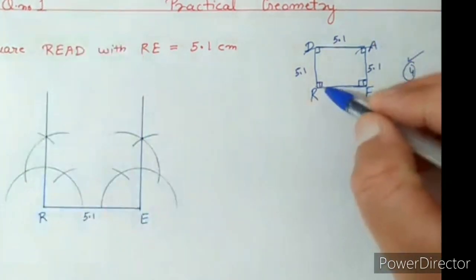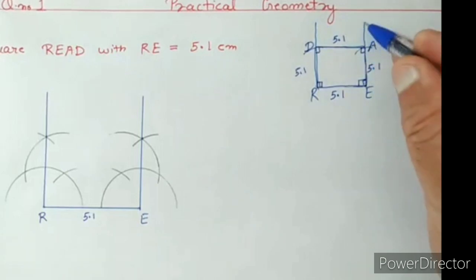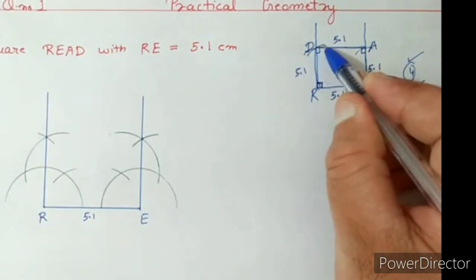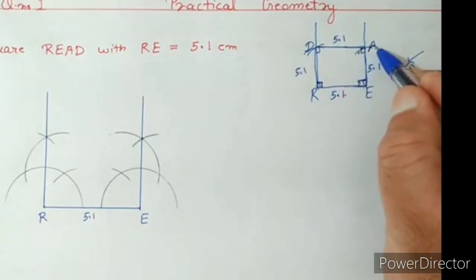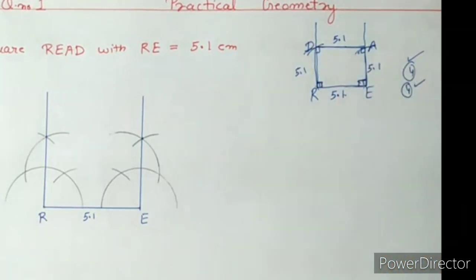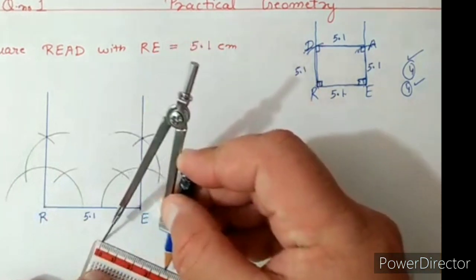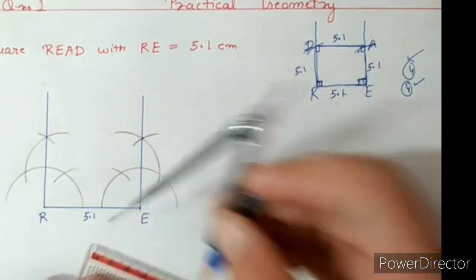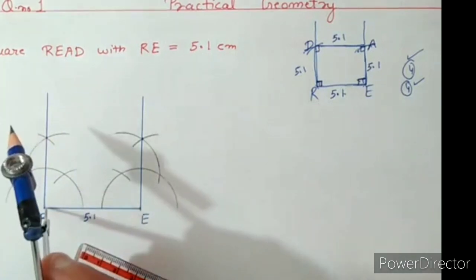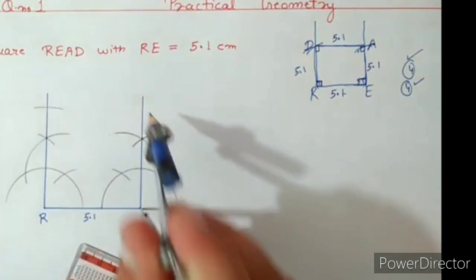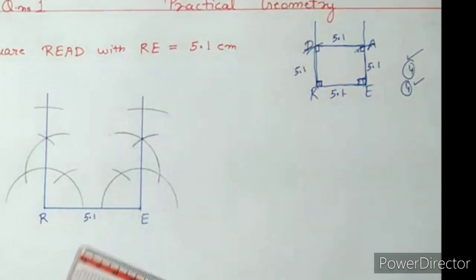I am just showing how to construct 90 degree two times, at R and E. Now again with the compass, adjust the compass to 5.1 centimeter. With E as center, draw arcs on both sides, R and E, 5.1 centimeter.